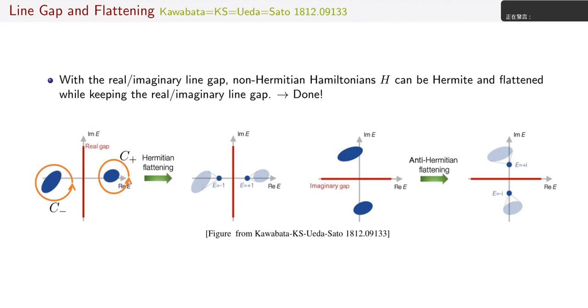Suppose I have a real line gap here, and these blue regions are eigenvalues. So this Hamiltonian has a real line gap. By using linear interpolation to minus 1 and 1, we get a flattened Hamiltonian in this way. The question is whether the flattened Hamiltonian can be Hermitian, and actually this can be done. So let me show.